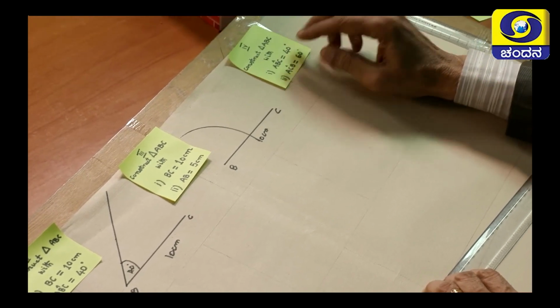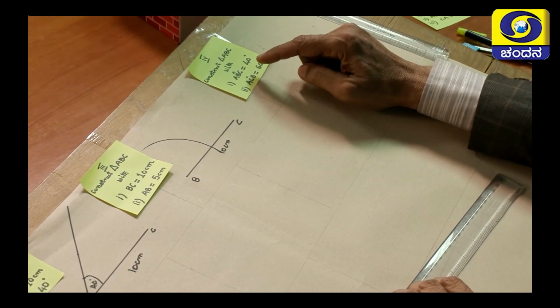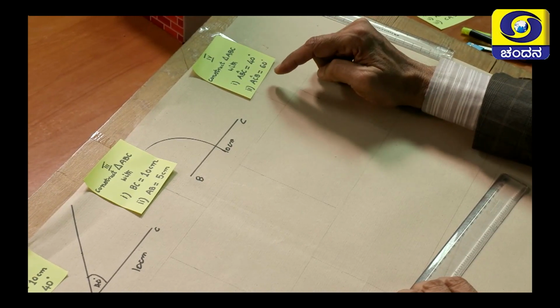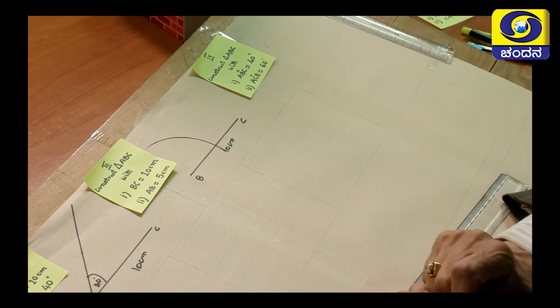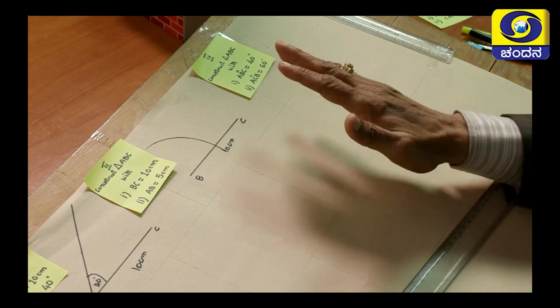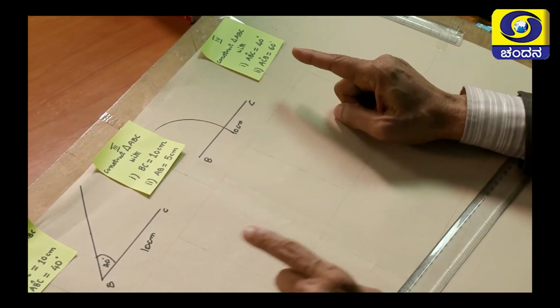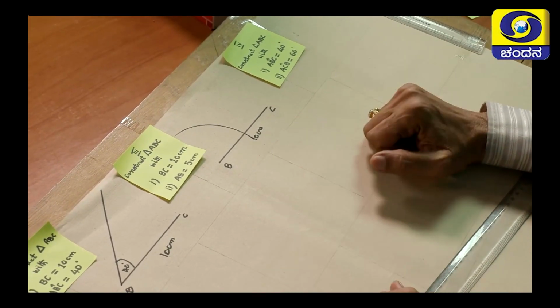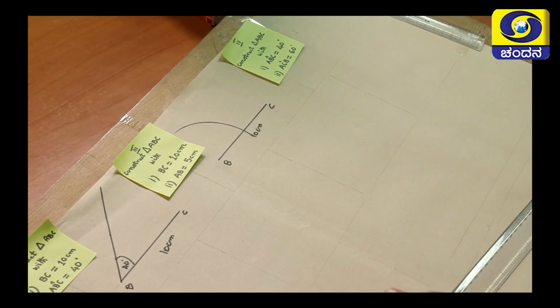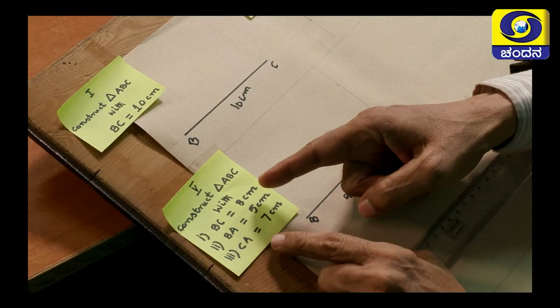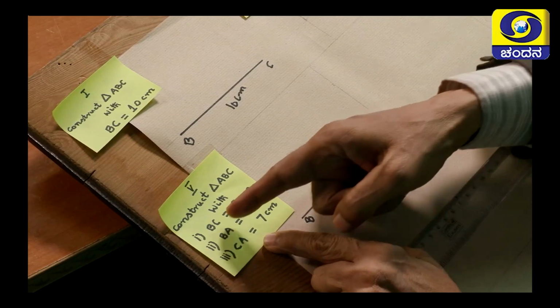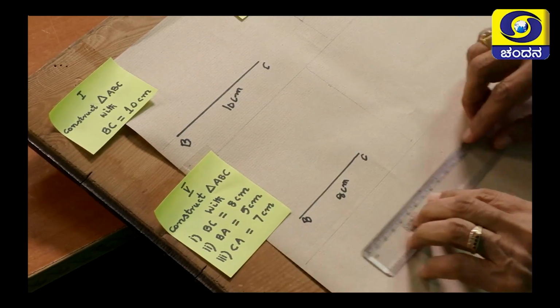Finally, if 2 angles are given, angle ABC and angle ACB, is it possible to construct a triangle, children? No. So if 2 elements are given, it is not at all possible to construct a triangle. Now there are 3 elements given, that is, the lengths of 3 sides.